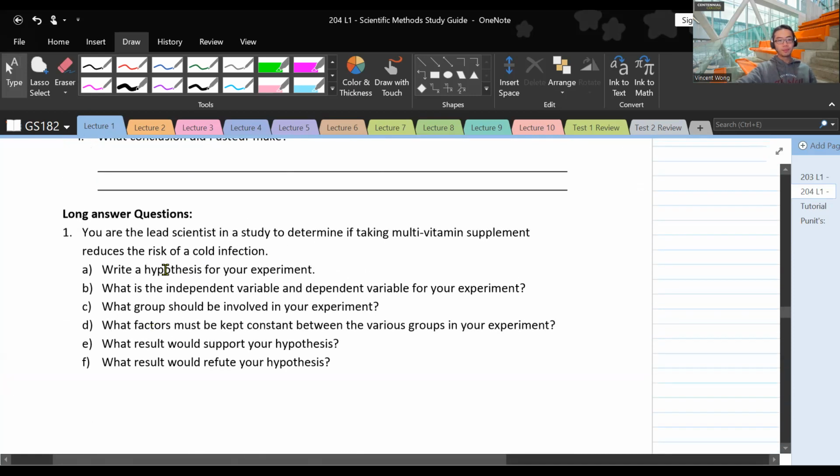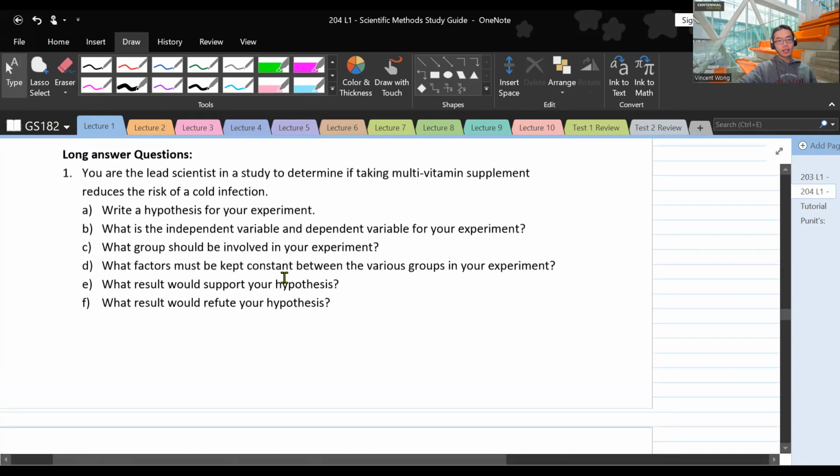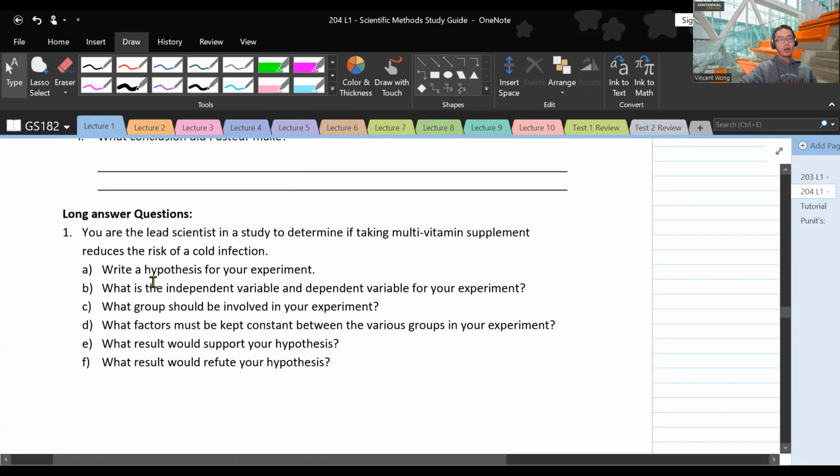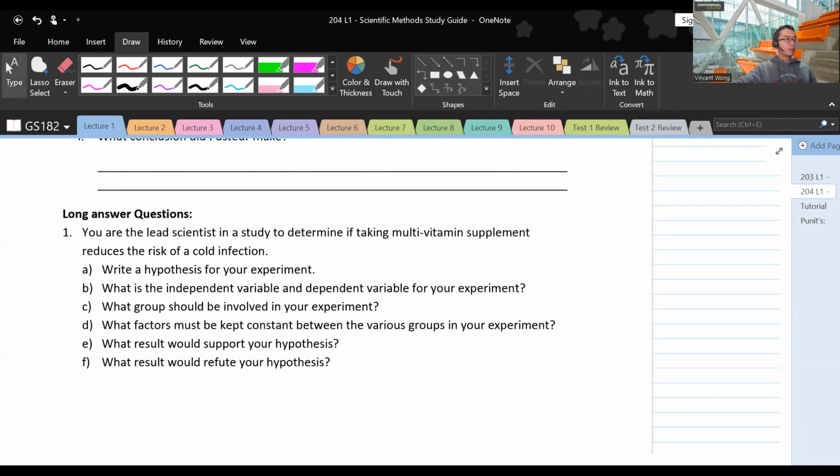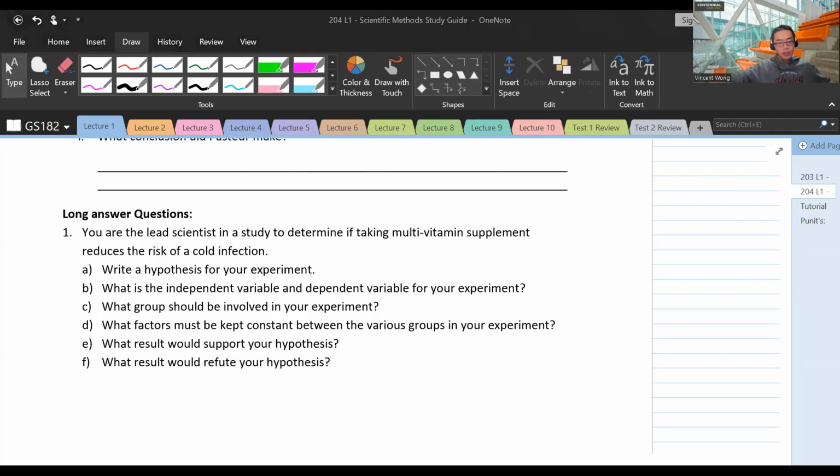Let's do this one. You are the lead scientist in a study to determine if taking a multivitamin supplement reduces the risk of a cold infection. Okay, so let's talk about this one. Write a hypothesis for your experiment. So what would your hypothesis be? I'll give you a minute to write your own, and then if anyone wants to share, please do that.